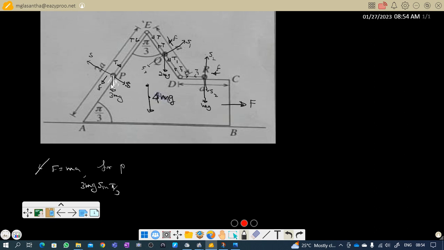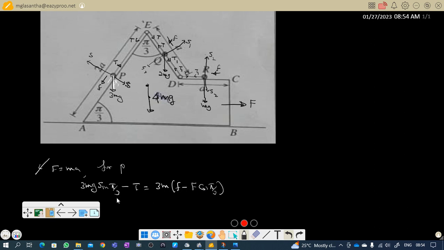You can resolve in this direction, minus T equals 3m times the acceleration, which is f minus the block's acceleration component, because the acceleration of particle P is f minus F cos(pi/3).